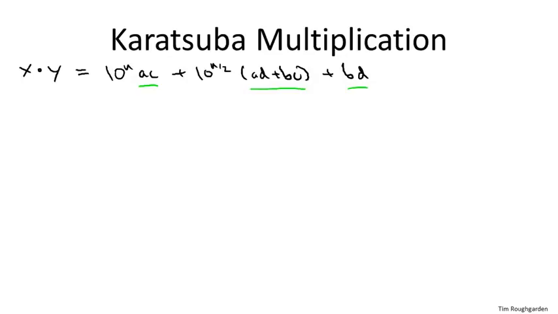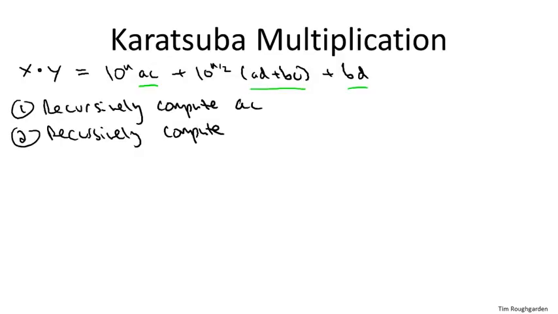So that motivates the question, perhaps we can somehow uncover these three different quantities using only three recursive calls rather than four. And in fact, we can, and that's Karatsuba multiplication. So to be more specific, our first two recursive calls are shared with the previous recursive algorithm. We go ahead and compute AC and BD recursively.